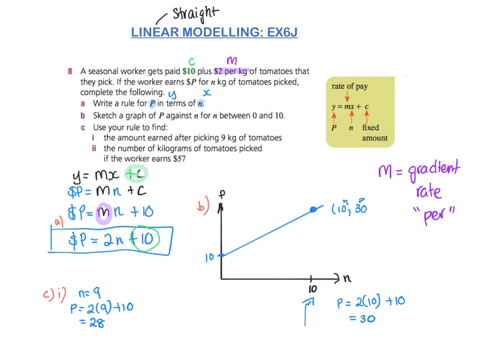And the last one, they say find the number of kilos of tomatoes picked if the worker earns $57. They've given me a price, so you put the price in. The formula is 2n plus 10, and you've just been told the price is 57.